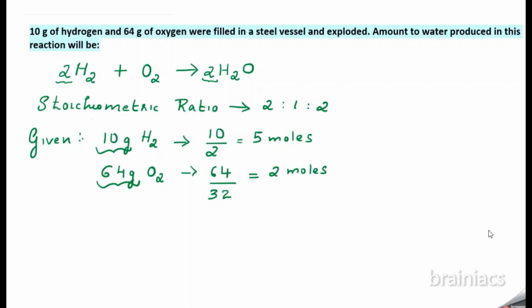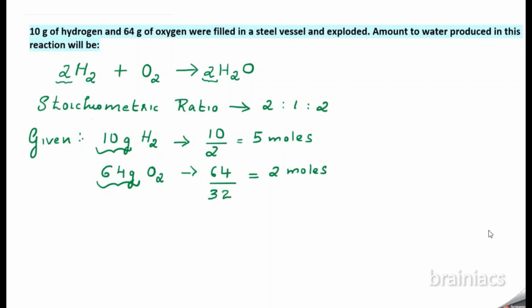Now comes the most important section. You have two given quantities. Whenever two given quantities are there, there is a chance of a limiting reagent. So first we will find out which is the limiting reagent out of hydrogen and oxygen. And I will teach you a shortcut for finding the limiting reagent. The best method is to always calculate the number of moles.